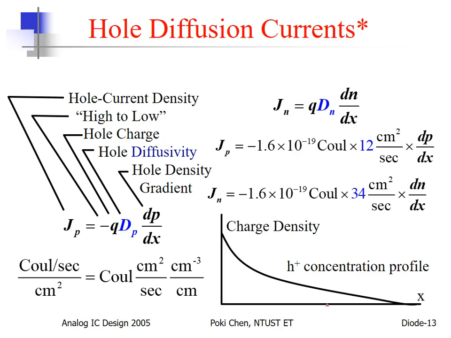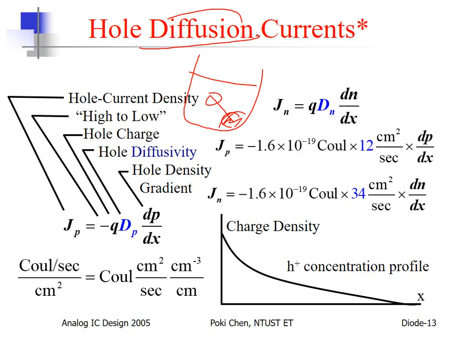So that is the definition for diffusion. Or you put some kind of sugar or salt in the cup; gradually, they will diffuse from here to there. So what is the operation mechanism of diffusion? From high concentration to low concentration.